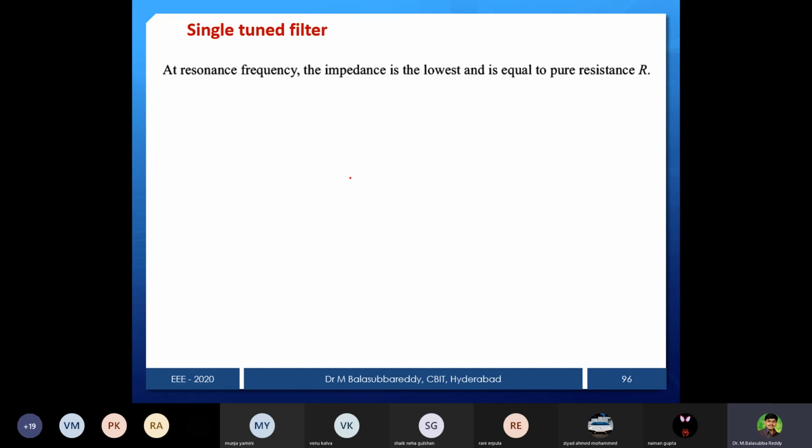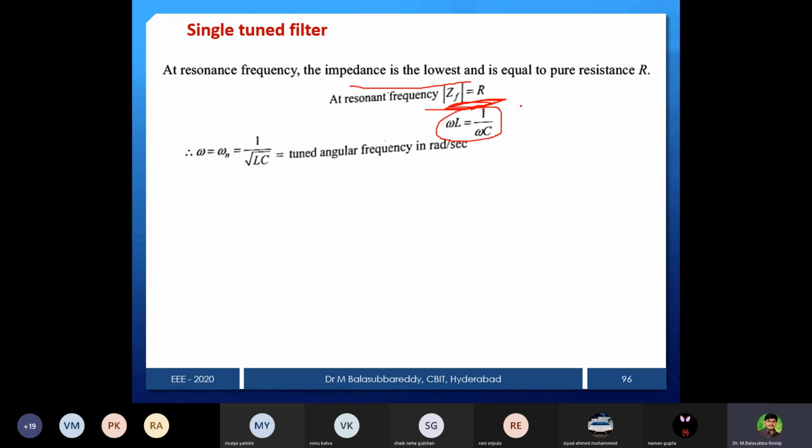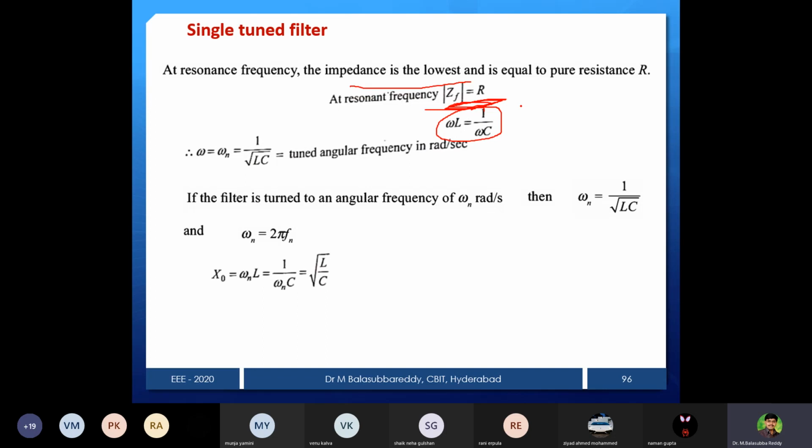Under the resonance condition, the impedance is the lowest and is equal to R, so ZF is equal to R. Now this is our resonance condition, so omega is equal to omega n, which is equal to 1 by root LC, the tuned angular frequency in radians per second. If the filter is tuned to angular frequency omega n, that means omega n is equal to 1 by root LC. This is the one relation we have.